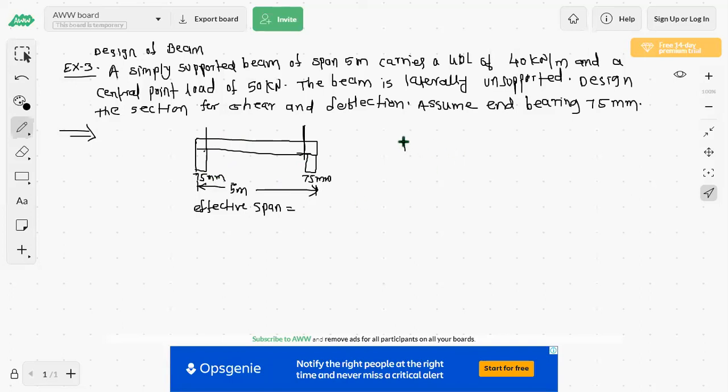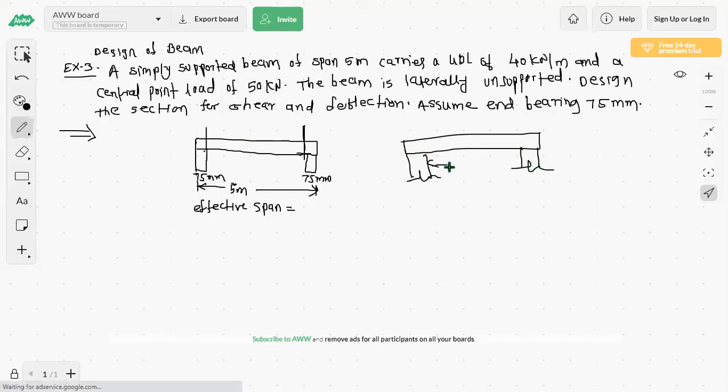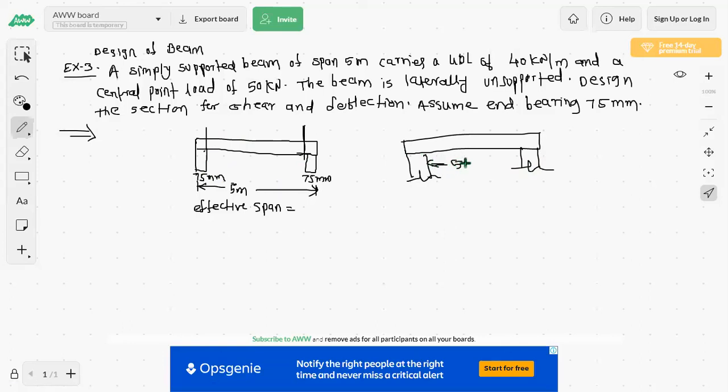Or sometimes they give the width of the wall and the clear span. Suppose the clear span is 5 meter and the wall thickness is given as 230 mm. Please write this down also; I am giving another example.